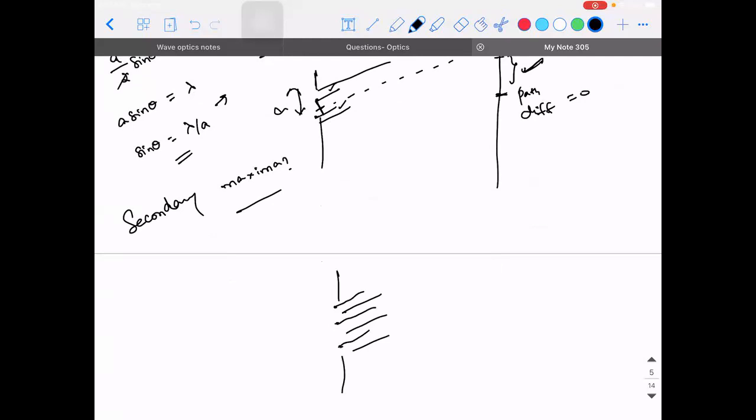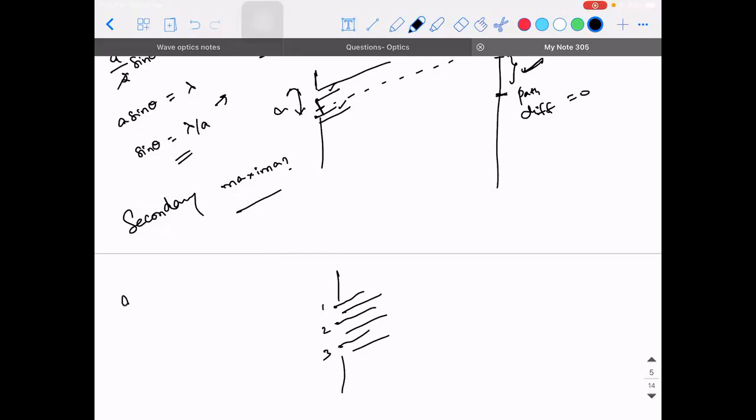Then how are these rays supposed to interfere at that point such that you have a secondary maximum? So 2 will destructively interfere and then 1 will constructively interfere. Those 2 are not the first and the third one. It should either be first and second or second and third. They should be the consecutive ones which will hit the screen destructively.